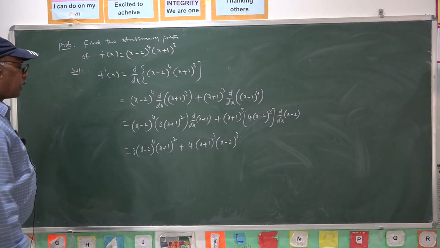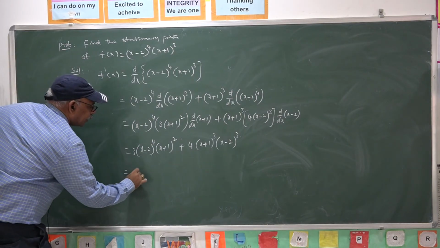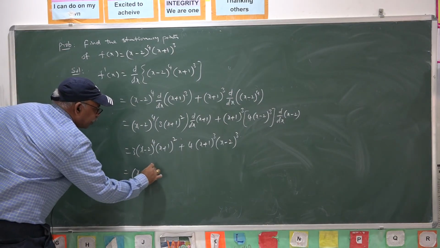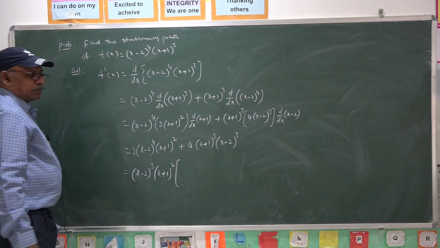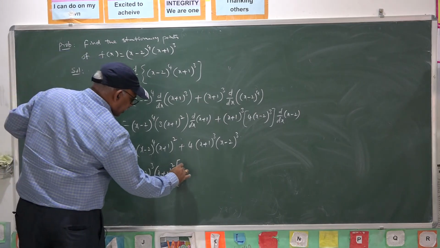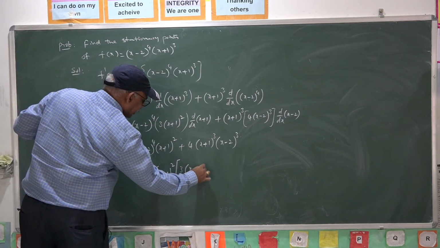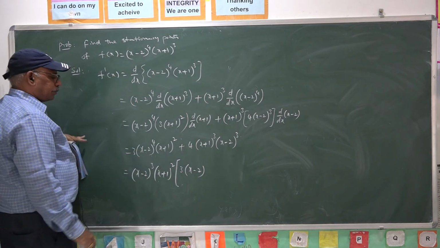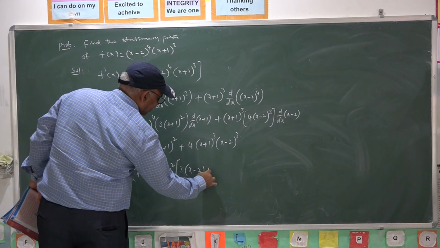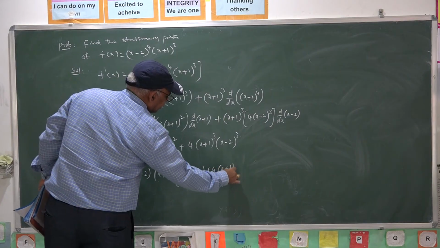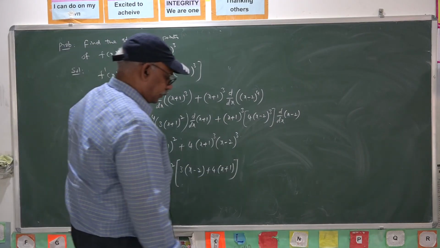Now taking common terms here, (x minus 2) whole cube and (x plus 1) whole square you can take common. Therefore 3 into (x minus 2), one factor remains here, and here one factor remains, 4 into (x plus 1).